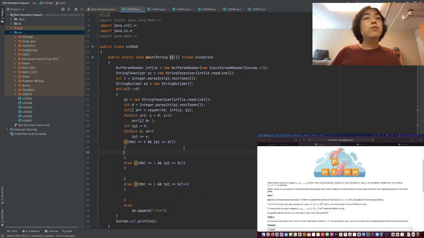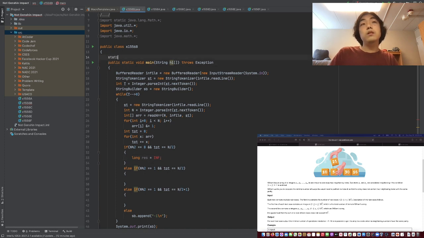Okay, so let's just go through all of these cases. For this case, I need to try both 0, 1, and 1, 0. So int res is equal to, I guess it could be a long, so I'll just static final long infinity is equal to long max value over 2.